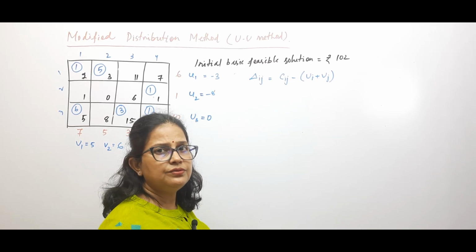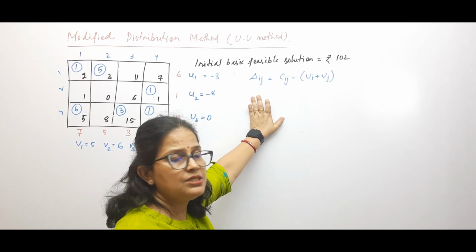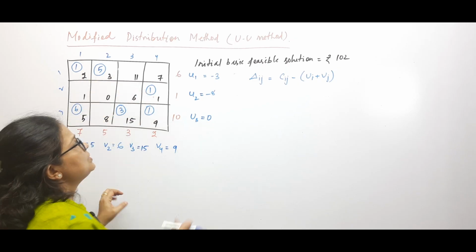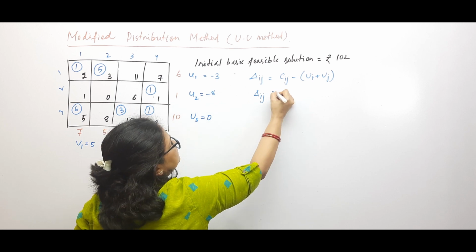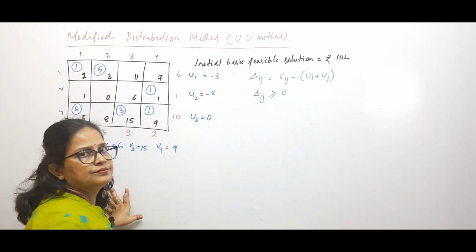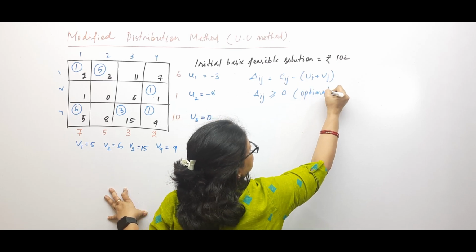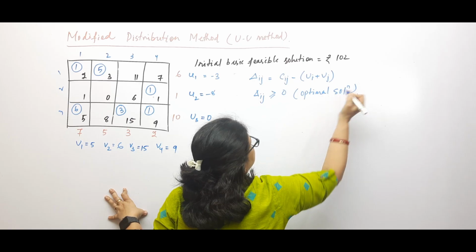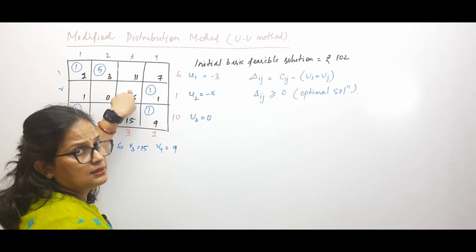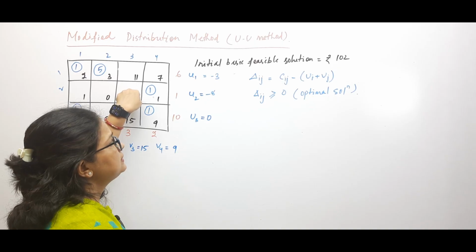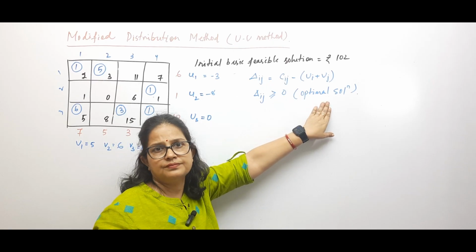And how we are going to find this delta ij? Delta ij value for the unallocated cells should be greater than or equal to 0 for our optimal solution. If all the values of delta for the unallocated cells are greater than or equal to 0, then we will get the optimal solution.